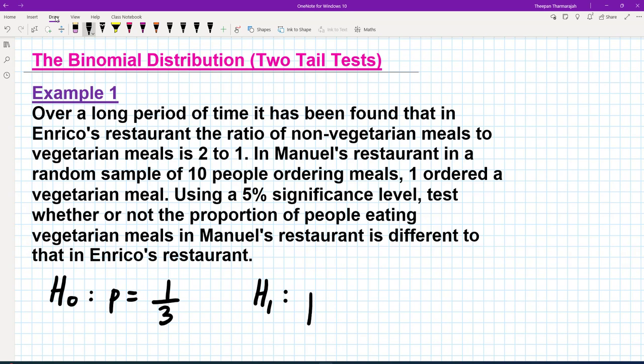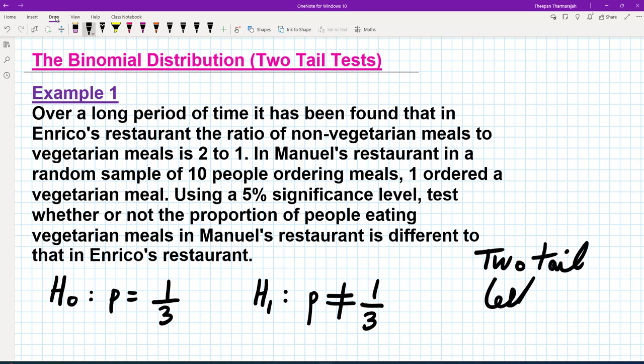So we say it's not going to be equal to a third. And this will always be the case when it's a two-tailed test. But when it's two-tailed, we halve the level of significance. So we halve 5%, and we get 0.025.